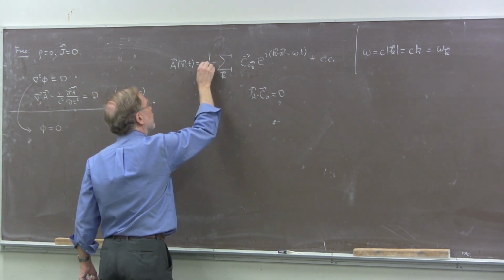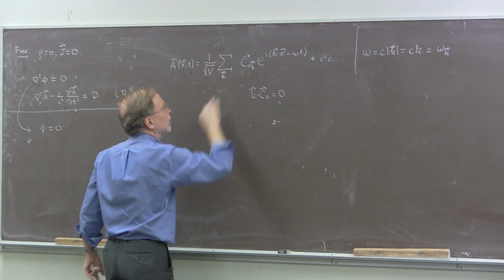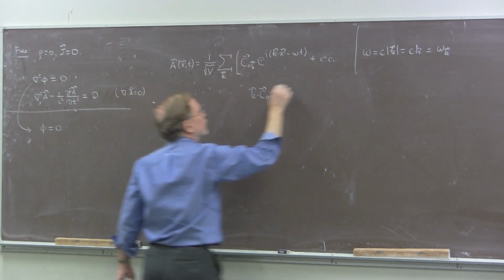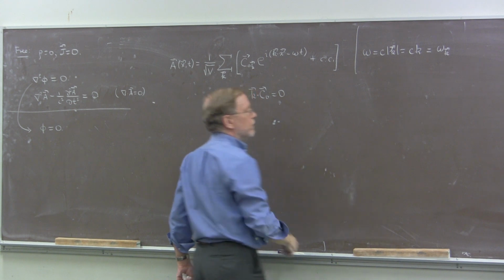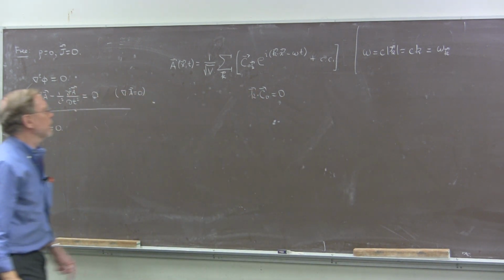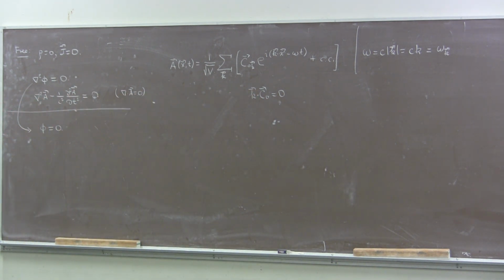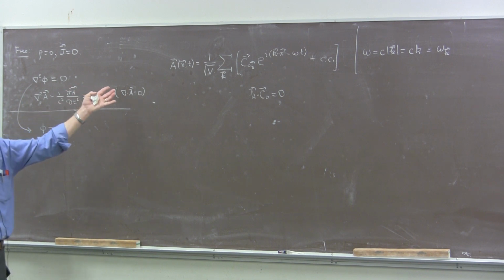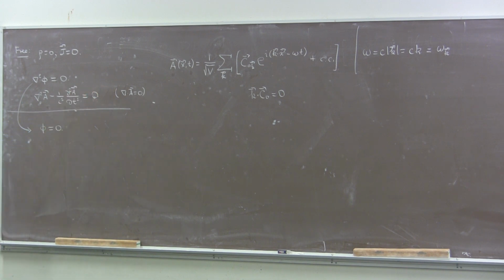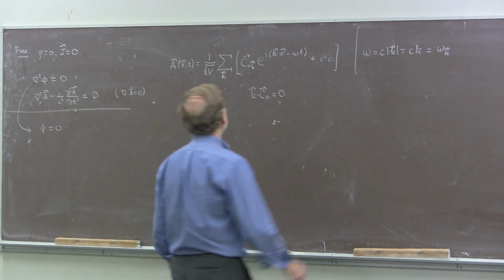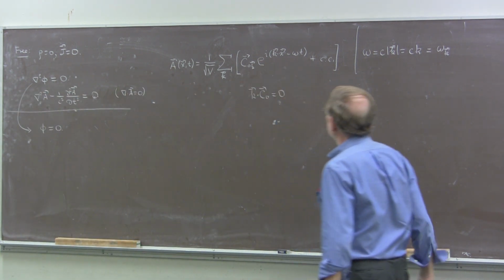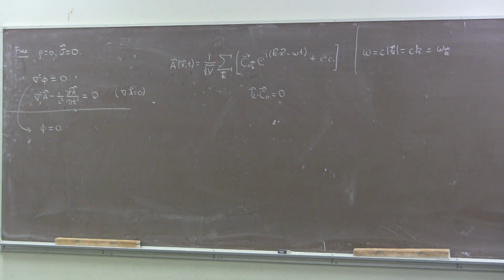I'm going to remove the factor of the square root of volume from the coefficient, because that turns out to be convenient, and that was also what we were doing in Fourier series over there. And the result is that I've now written down the most general form for a vacuum light wave, decomposed into subcomponents that have different k values.